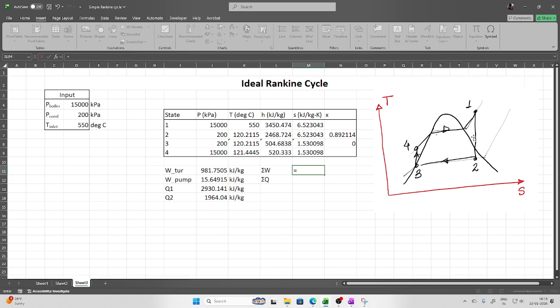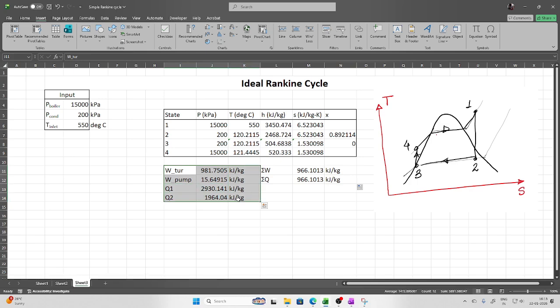So it is Wt minus Wp. What about sigma q? It is heat added minus heat rejected. Heat added is Q1, heat rejected is Q2. Now you can see both are coming the same. That means the net work output in a cycle is equal to the net heat input, and it is being done.